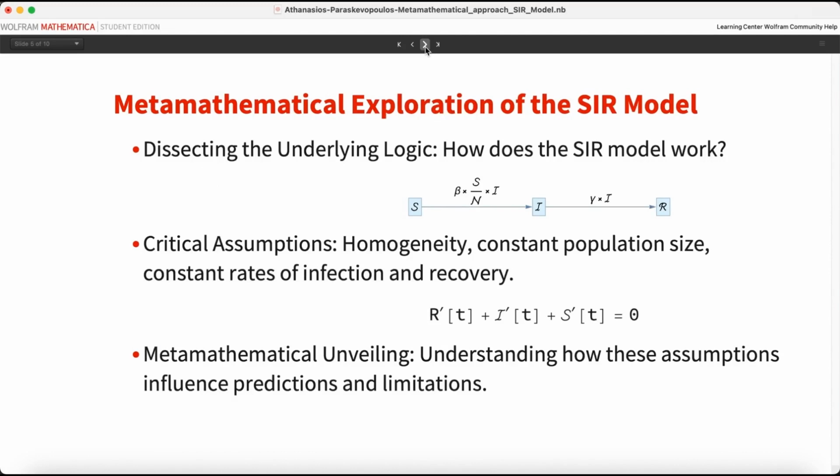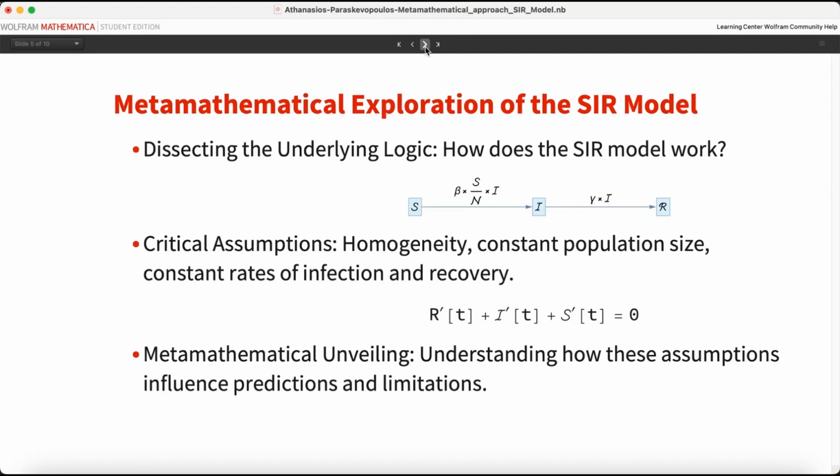Let's start by understanding the main ideas behind the SIR model and what it is based on. The model thinks that everyone is the same. The number of people doesn't change, and people get sick or get better at a steady rate.